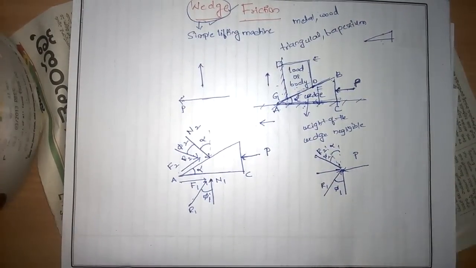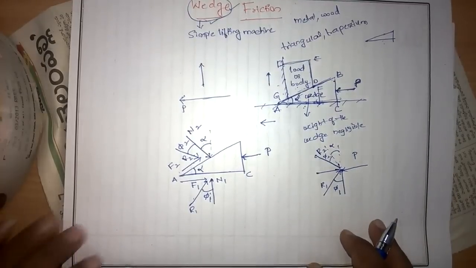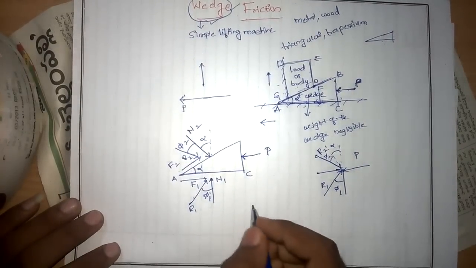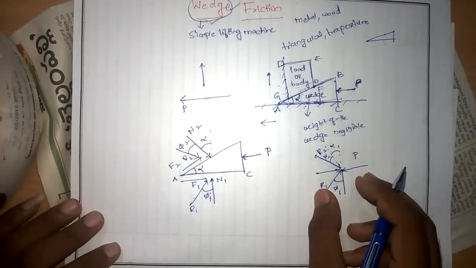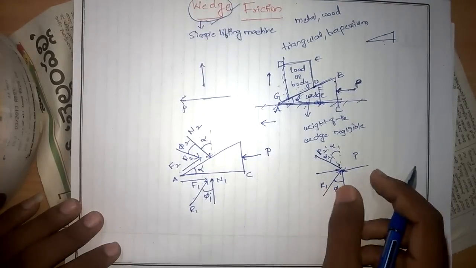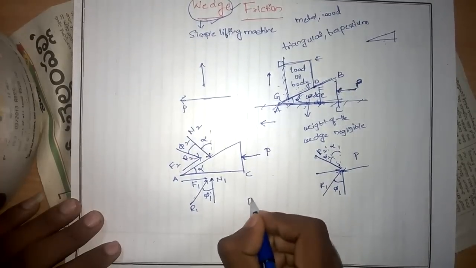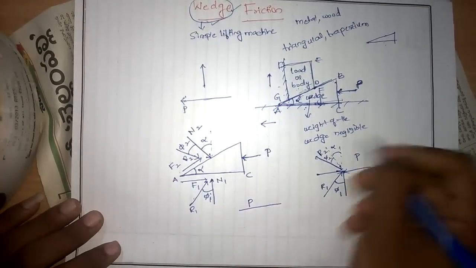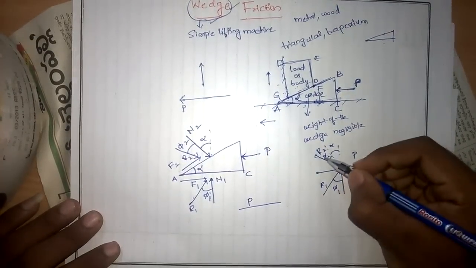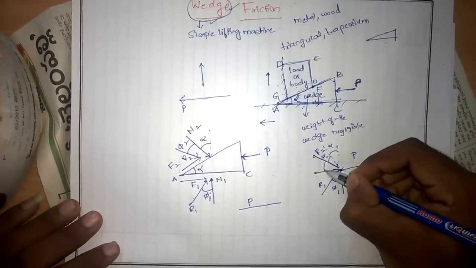If you observe, from Lami's theorem we can state this. What is Lami's theorem? If three coplanar concurrent forces are in equilibrium, each force is proportional to the sine of the angle between the other two forces. P by sine of the angle between the other two forces, here R1 and R2, we have to find this angle.